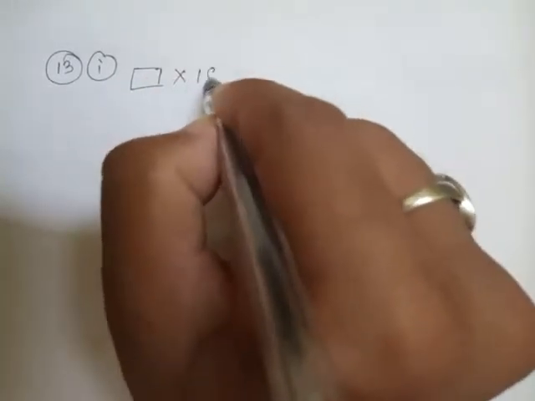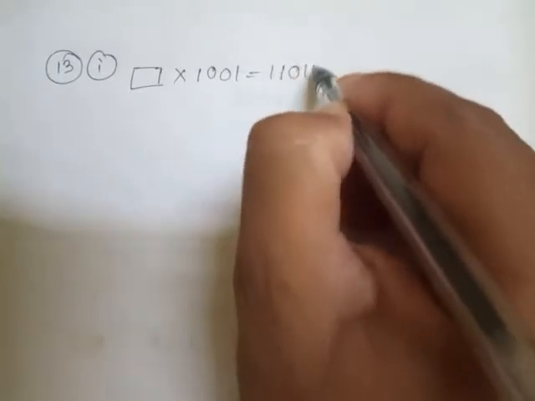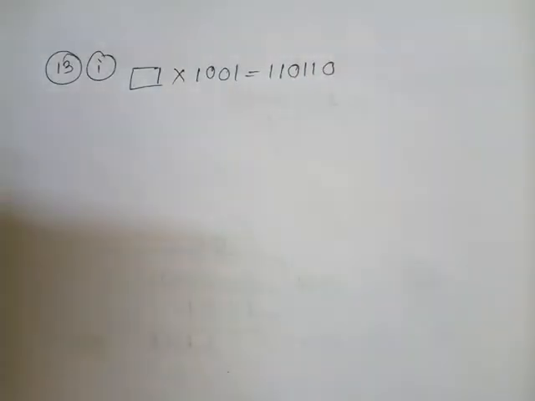Now students, the first one is 13 Roman 1. The question is: a blank box multiplied by 1001 equals 110110. Now look how to solve this. These digits are all in binary.